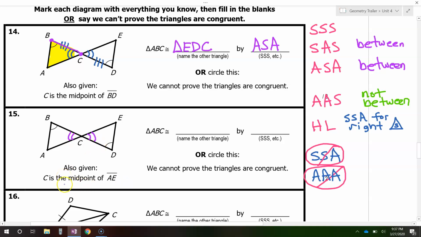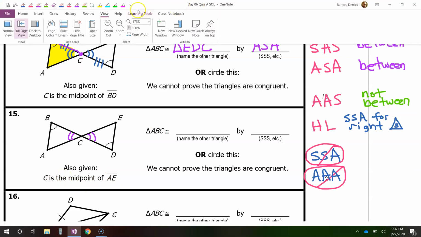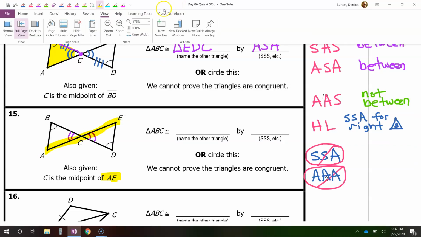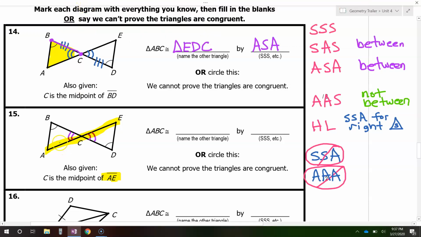This time, we have the additional information that C is the midpoint of AE. All right, that AE, that's important. This is AE right here. If C is the midpoint of that, that means that this is congruent to this.